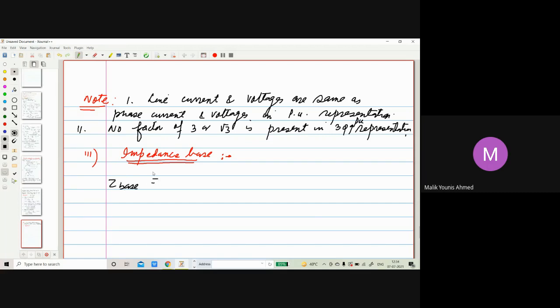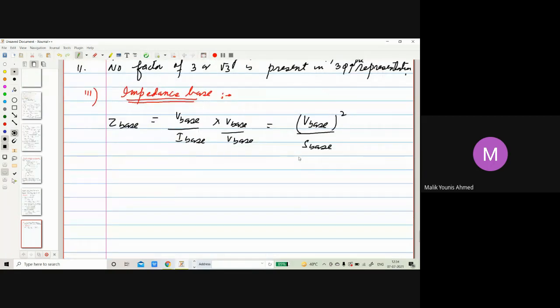Z base is V base by I base, as in the absolute systems. The same relationship will exist here also. Multiplying both numerator and denominator by V base, that will be V base whole square over S base. We have seen it earlier also.